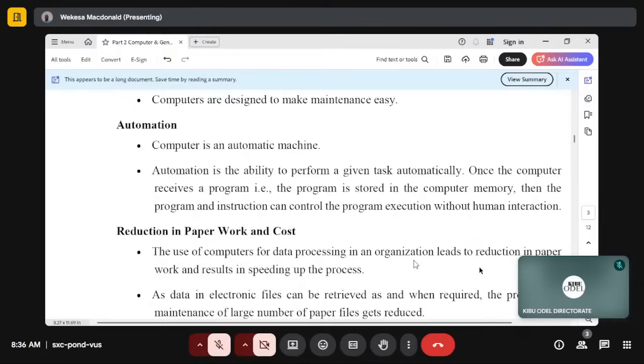You see a rocket, like aeroplanes, they put on autopilot. If you want to fly from Kenya to the US, once the pilot has entered the skies, the pilot engages the computer to control the aeroplane and the navigation. Even now we have smart cars.